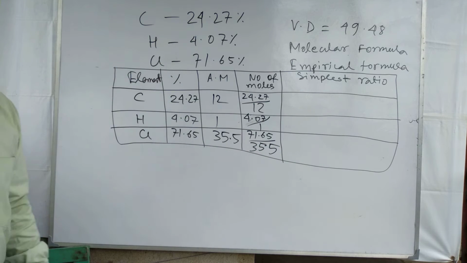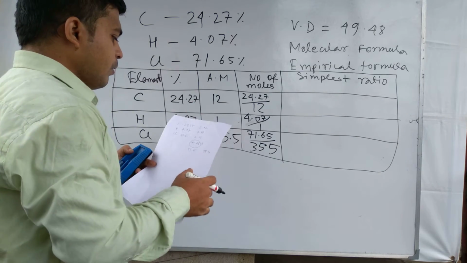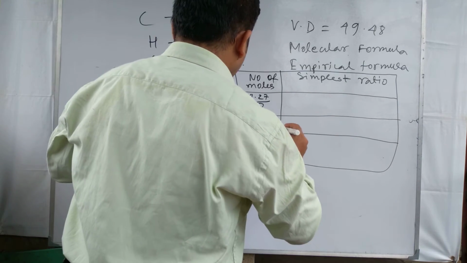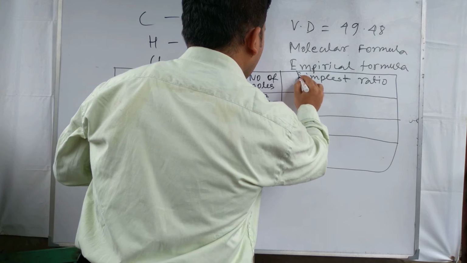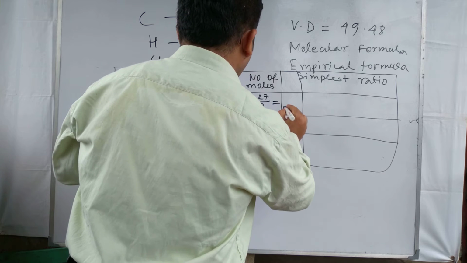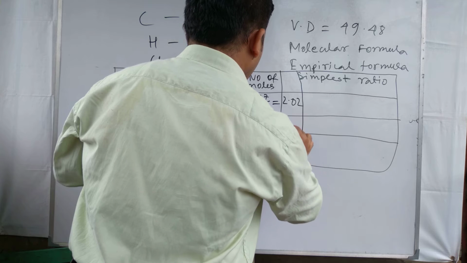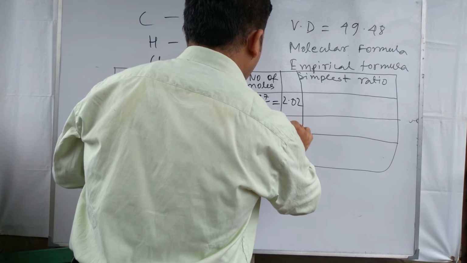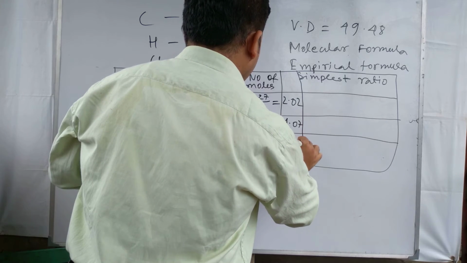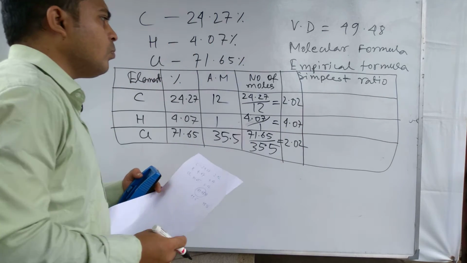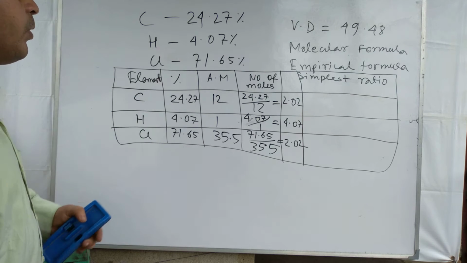We calculate the number of moles from the given data, and we get 2.02, 4.07, and 2.02 respectively.